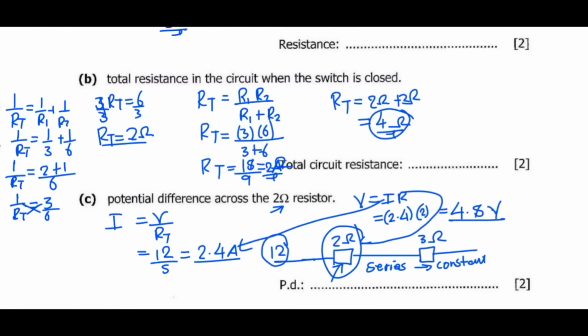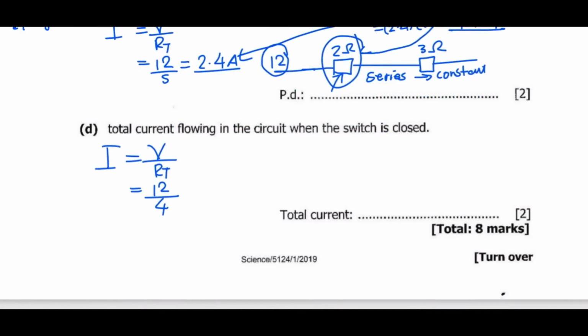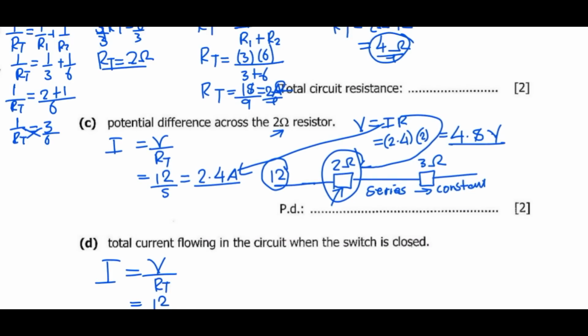We calculated this to be 4. So we divide by 4, and we have 3 amps. So 3 amps is the current passing through the circuit if the other switch is closed. But if the switch is open, the current we calculated to be 2.4.